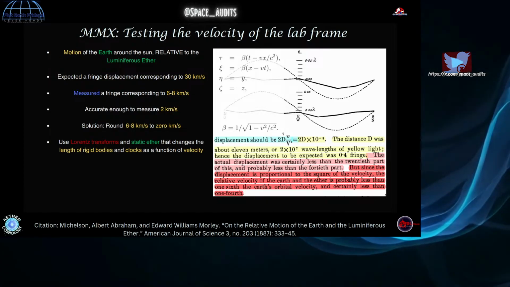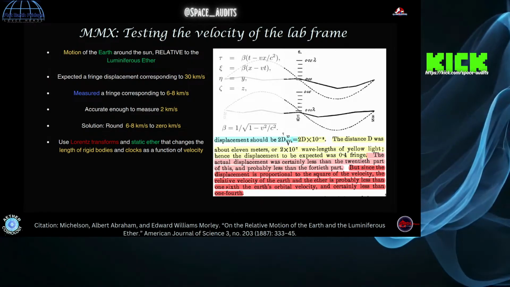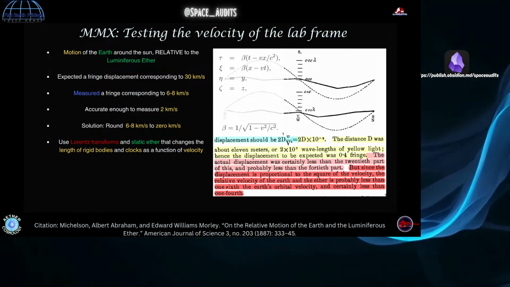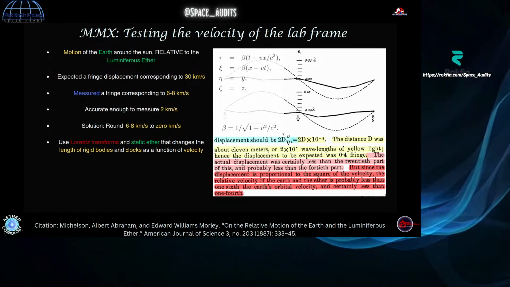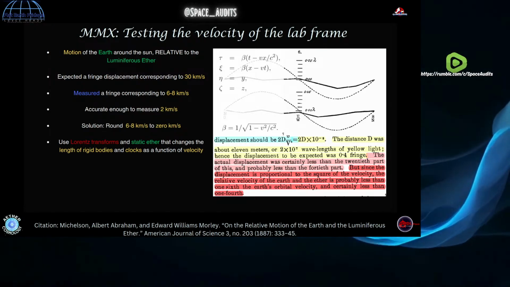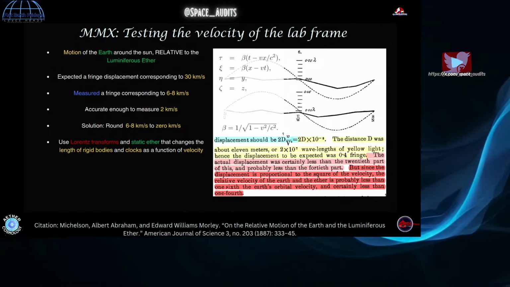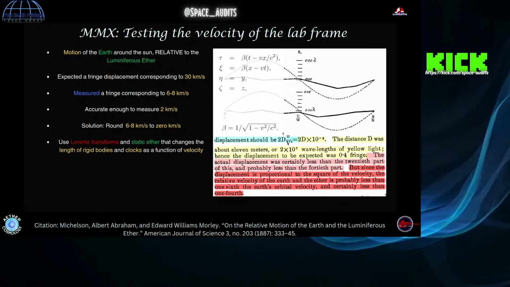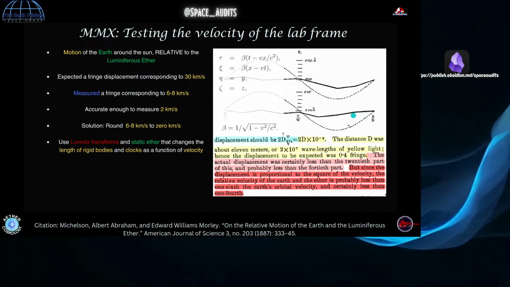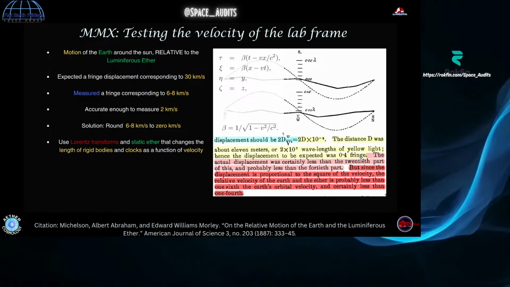And what the fringe displacement pattern is, when the beam is out of phase, it's going to create constructive and destructive interference where the wave peaks are going to overlap, or the peaks and troughs are going to overlap. And that's going to create little bright portions that are illuminated and little dark sections. And if you measure the little dark sections, that distance is proportional to the square of the velocity that it's measuring.